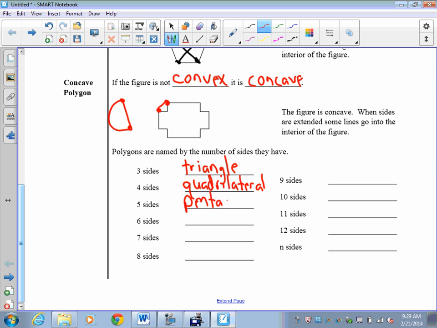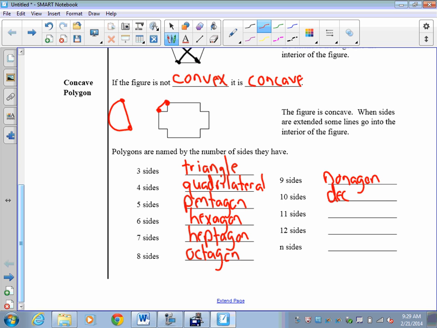Five-sided is pentagon. Six-sided is hexagon. Hopefully those ones are familiar to you. Seven sides might not be as familiar. It's called a heptagon. Eight is octagon. Nine is called a nonagon.